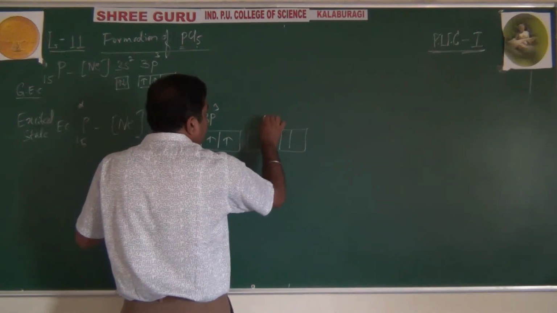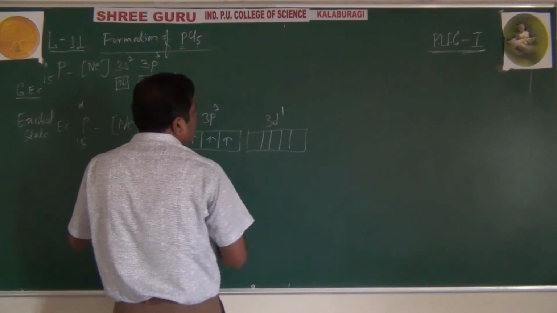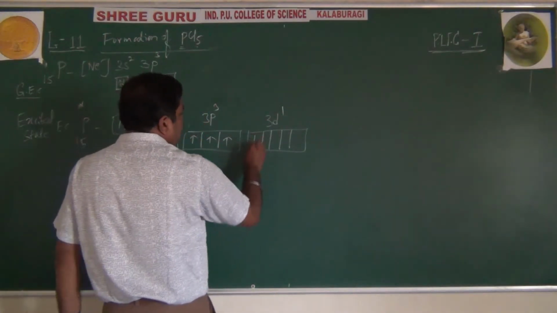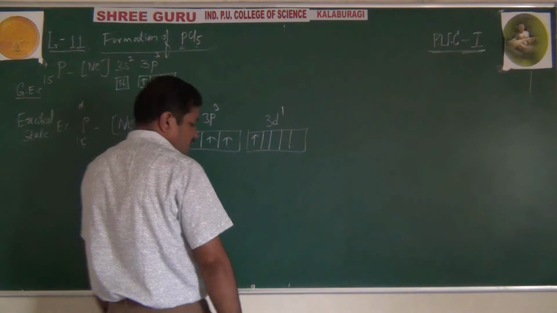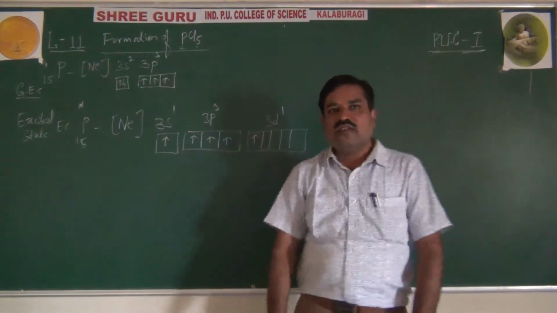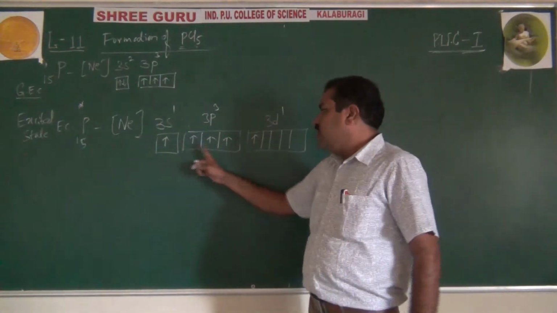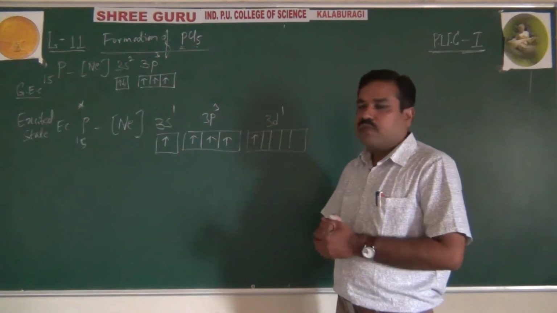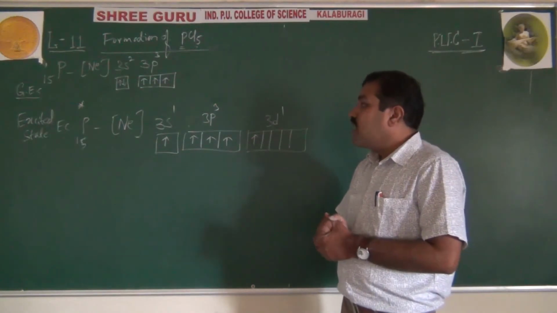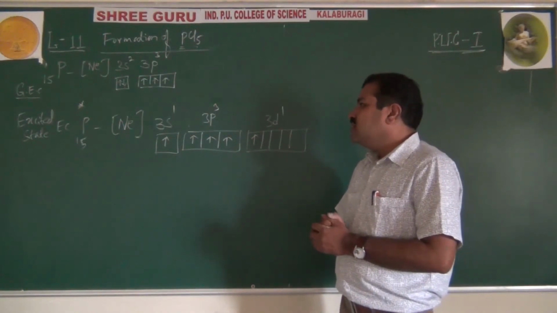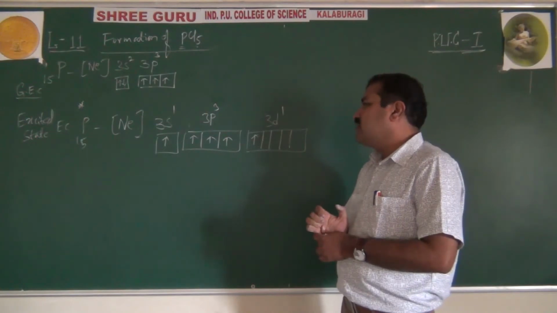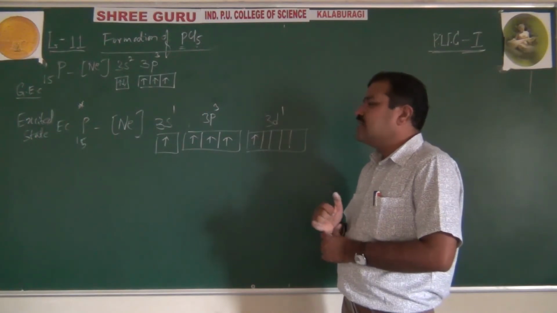This is 3d1. Got it? Here d1. Now these are 5 half-filled orbitals. Now they are ready for hybridization. That means the 3s, 3p3, 3d1 orbitals in the excited state.